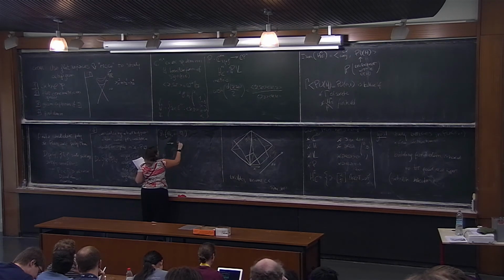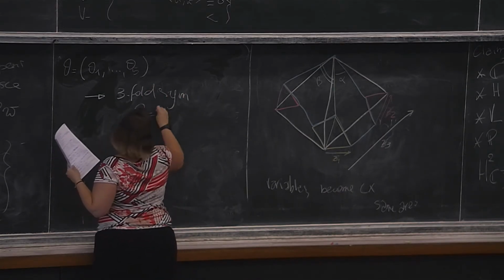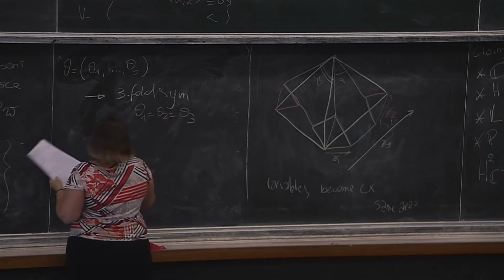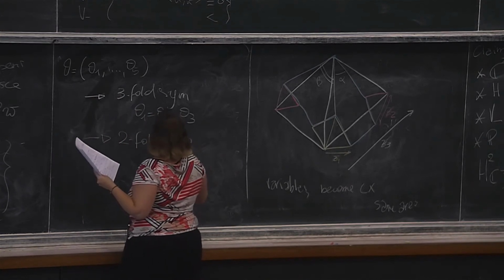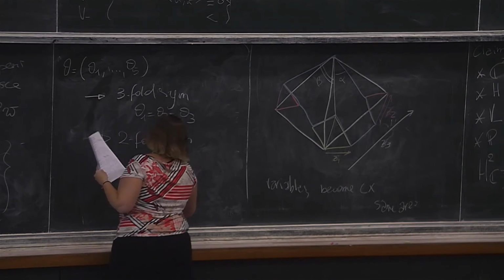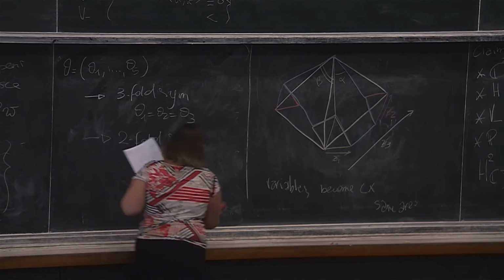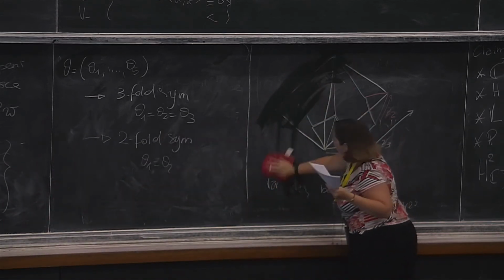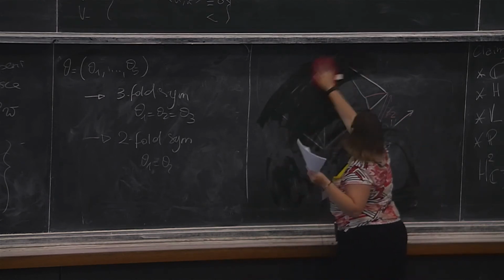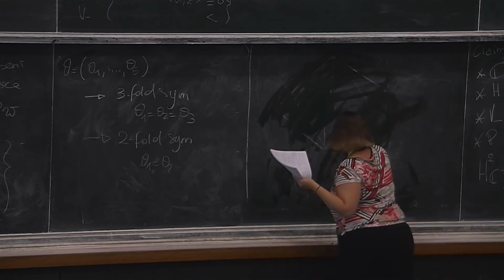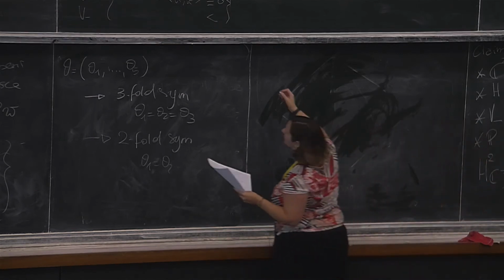So they either have threefold symmetry, that means that three of those cone angles are the same, or twofold symmetry, that means that only two of those cone angles are the same. So first of all, we will look at the threefold symmetry case, because the more symmetry we have, the more intuitive maps we have, the swap of cone points. So this is the case that has been studied the most before me in these terms.